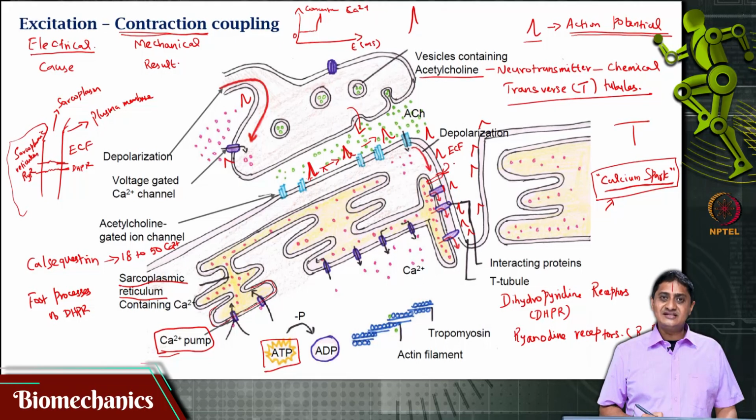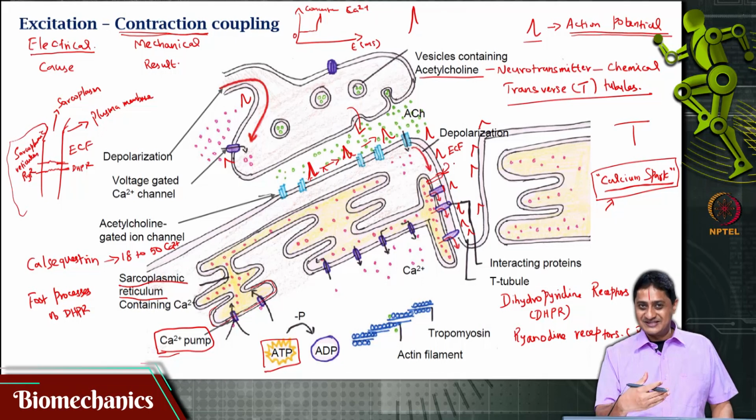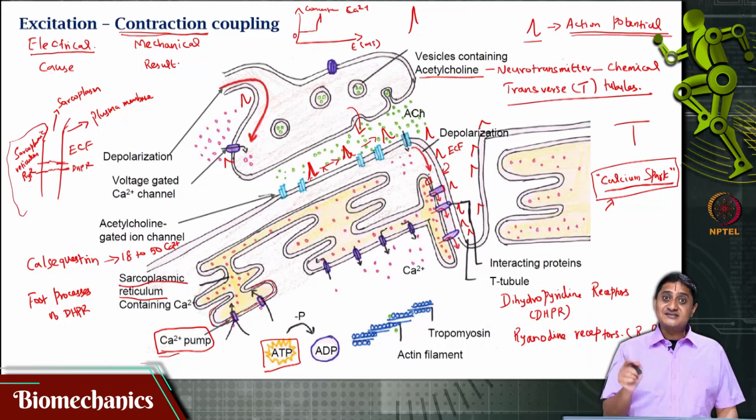These are the special L-type calcium channels that open whenever the action potential reaches. These are depolarization sensitive, or action potential sensitive channels that open and let in some calcium inside. And there are some more channels on the sarcoplasmic reticulum that are sensitive to the presence of calcium, which will open.